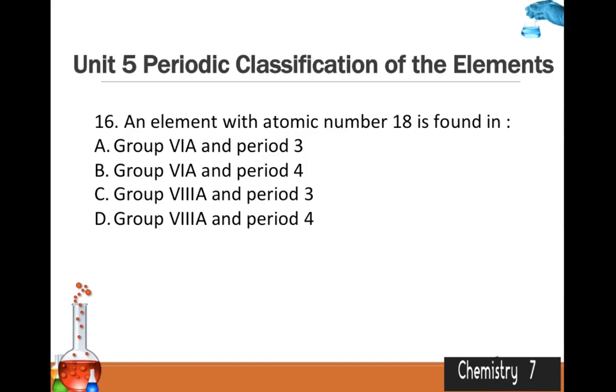An element with atomic number 18 is found in Group 6A and period 3, Group 6A and period 4, Group 8A and period 3, or Group 8A and period 4?